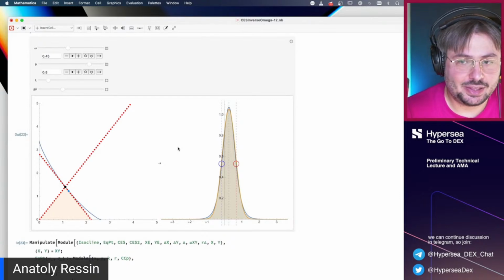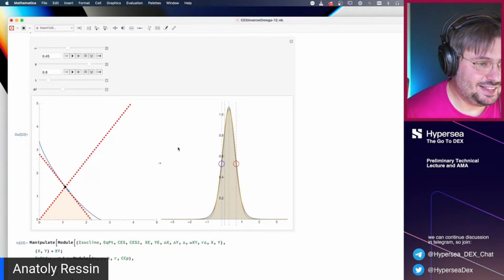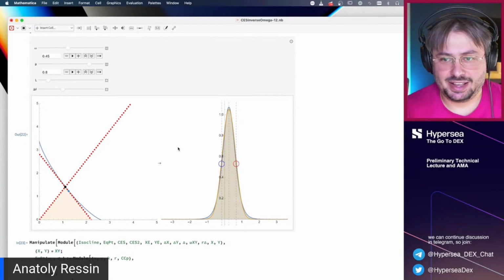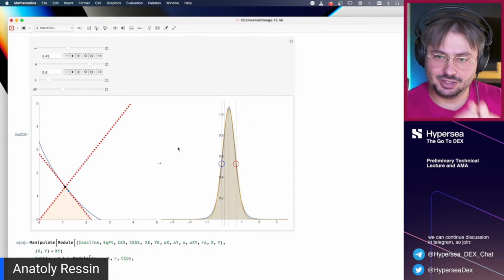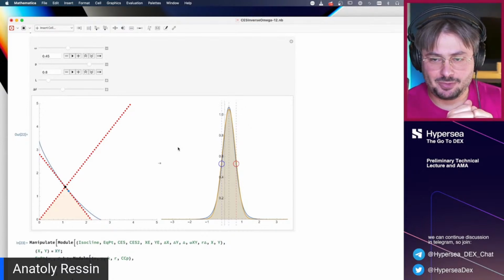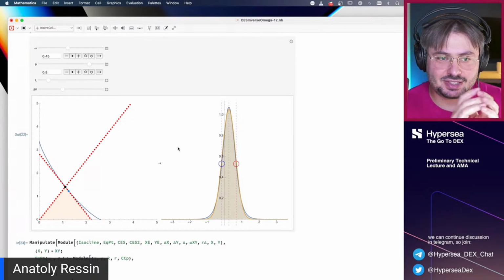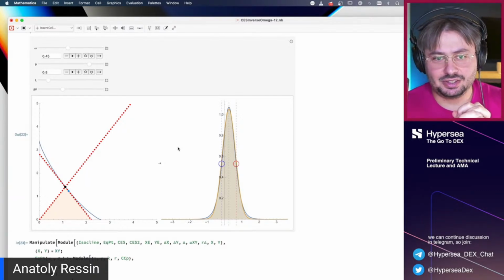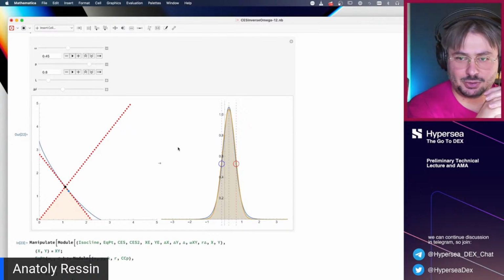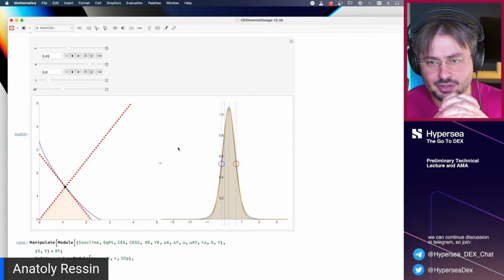And the liquidity providers don't need to do absolutely anything. They just throw the liquidity to HyperC, and HyperC manages it in a way so it automatically moves it to the most profitable region.